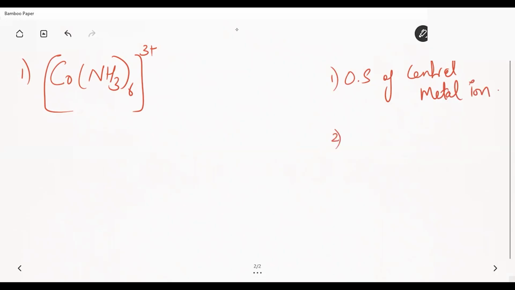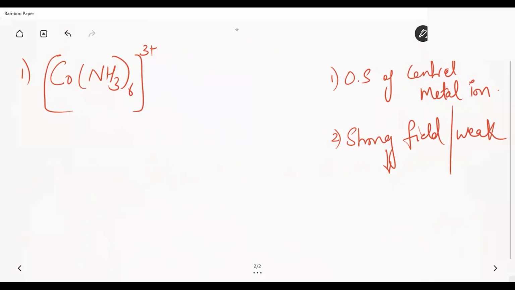After that, you have to go through the ligands and check whether the ligand is a strong field or weak field ligand. If the ligand is strong, what will happen? Whenever a strong person comes, we have to give place to them.